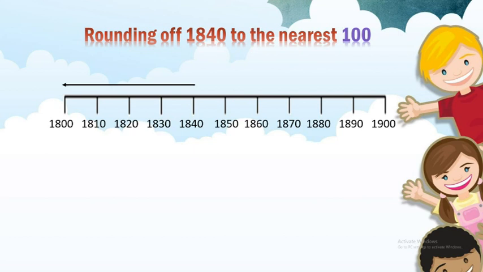Very good. 4 is less than 5 or more than 5? Very good. The 4 is less than 5. Okay, now tell me, students, by looking at this number line, can you tell 1840 is near to 1800 or 1900?